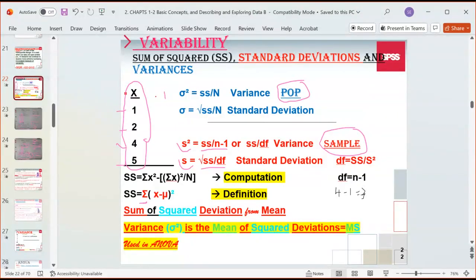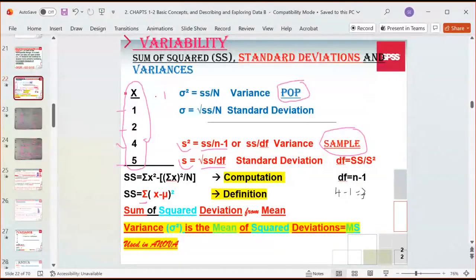But the whole purpose of calculating standard deviation and variance is that variance tells us about the quality of that question.